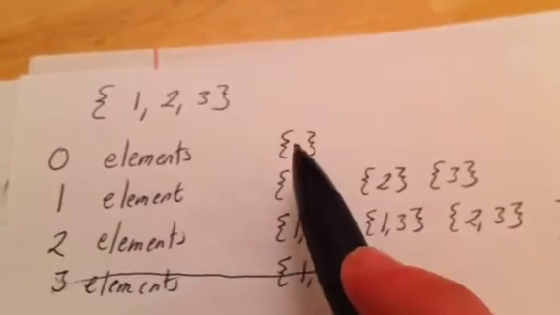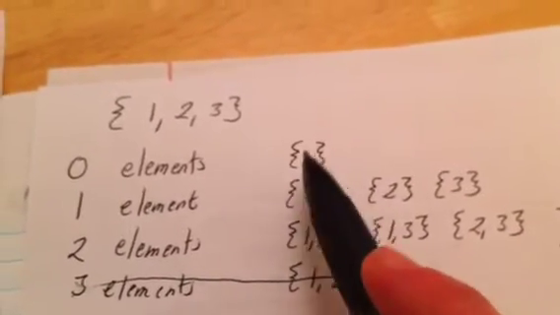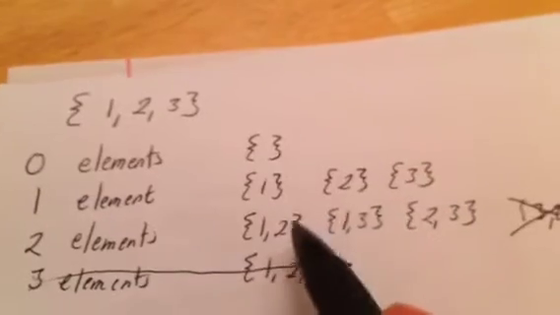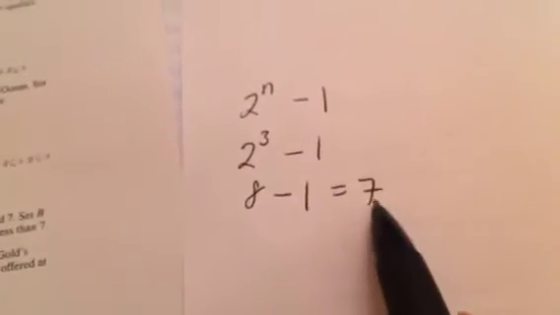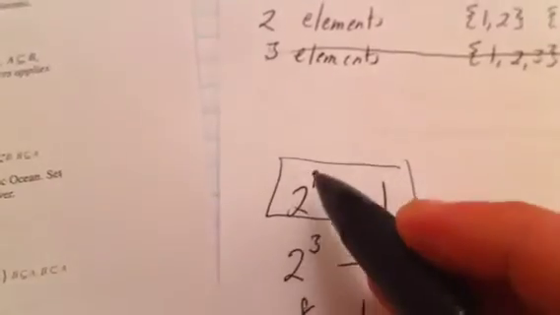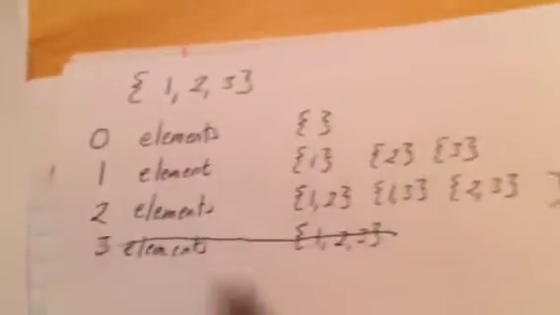So our proper subsets are 1, 2, 3, 4, 5, 6, 7 of them, and that matches what our formula told us.